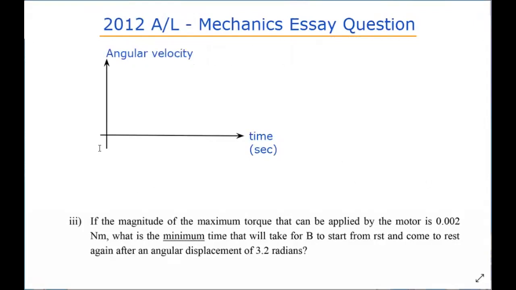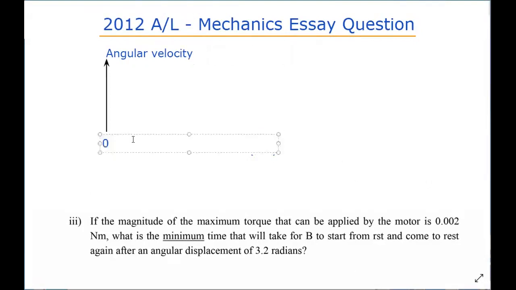So here the velocity is 0, time is 0, and velocity is also 0. So what should happen there? The object should start the motion at rest, and it reaches a certain maximum velocity, and finally it comes to rest.